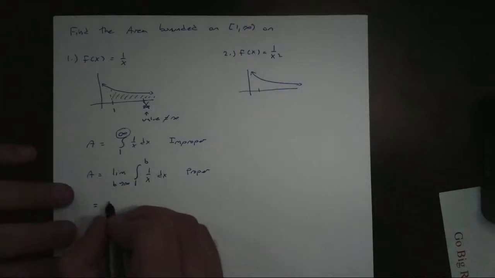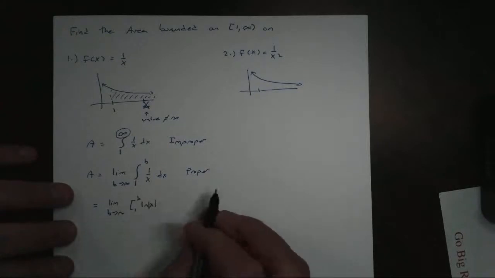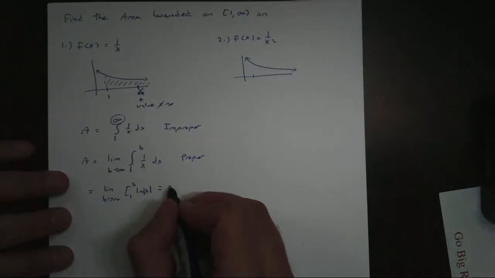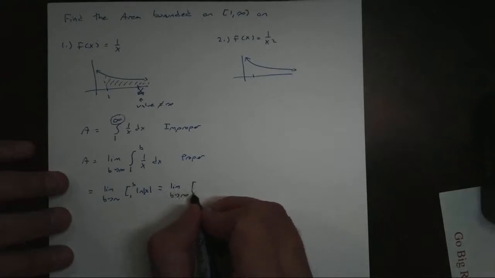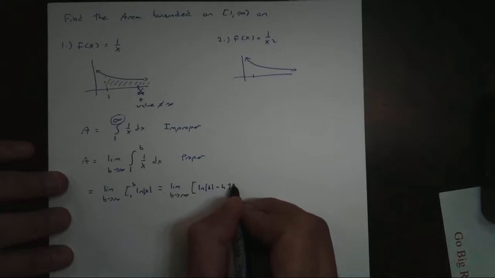So when I solve this now, I can use limits, and we get the natural log of x from 1 to b. Now when I apply the FTC, we get the limit as b goes to infinity of the natural log of b minus the natural log of 1.